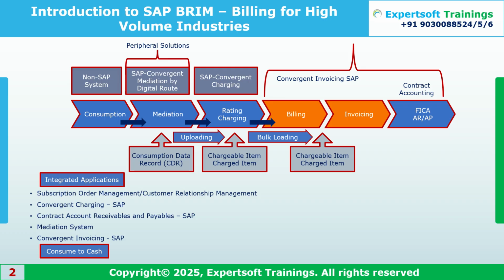Okay, so whatever billable items the CI system receives, it processes those billable items to generate a billing document and the invoicing document. That invoicing document reaches out to the customer and the customer does the payment. As soon as the invoicing document gets created in the CI system, with the reference of the invoicing document, FICA documents are getting created. FICA is what?